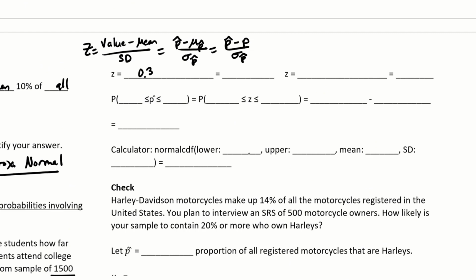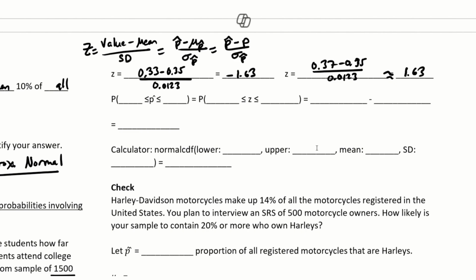So 0.33 minus 0.35 over, that's the mean, p is 0.35, and then the sigma p hat we calculated, 0.0123. So you should get about negative 1.63. Now we're going to do 0.37 minus 0.35 over 0.0123, which is about 1.63.